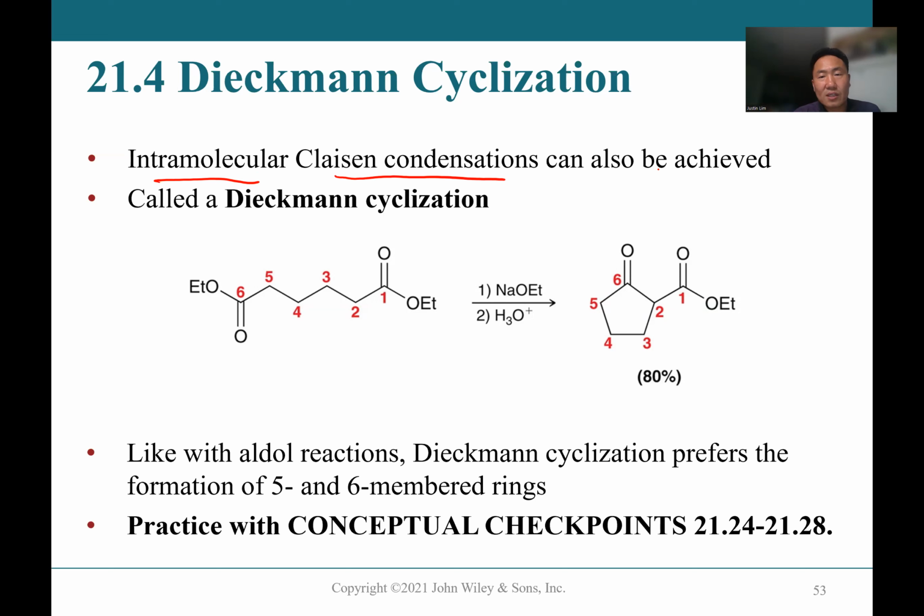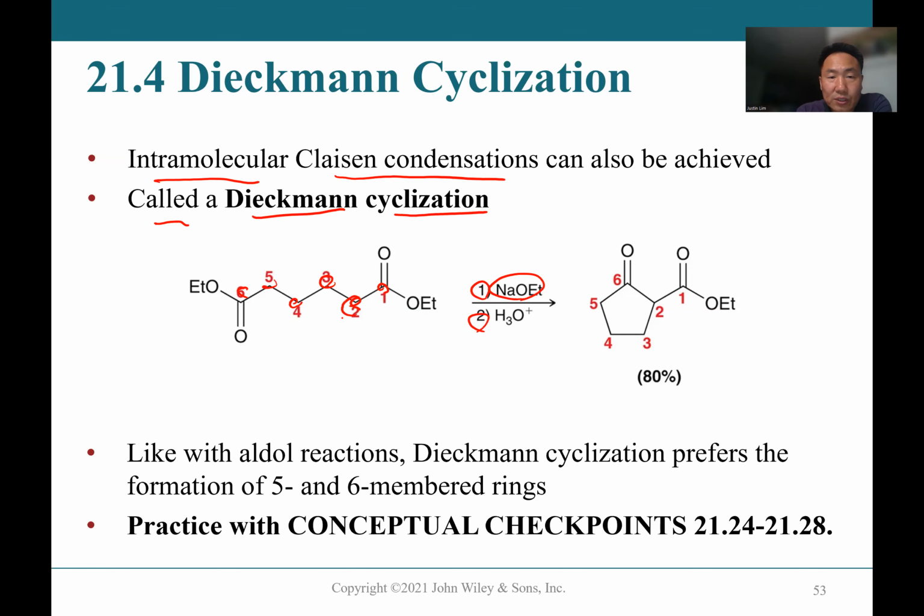Intramolecular Claisen condensation can also be achieved, called Dieckmann cyclization. When you label the carbons 1, 2, 3, 4, 5, 6, there are two steps: use base and then acidic workup.